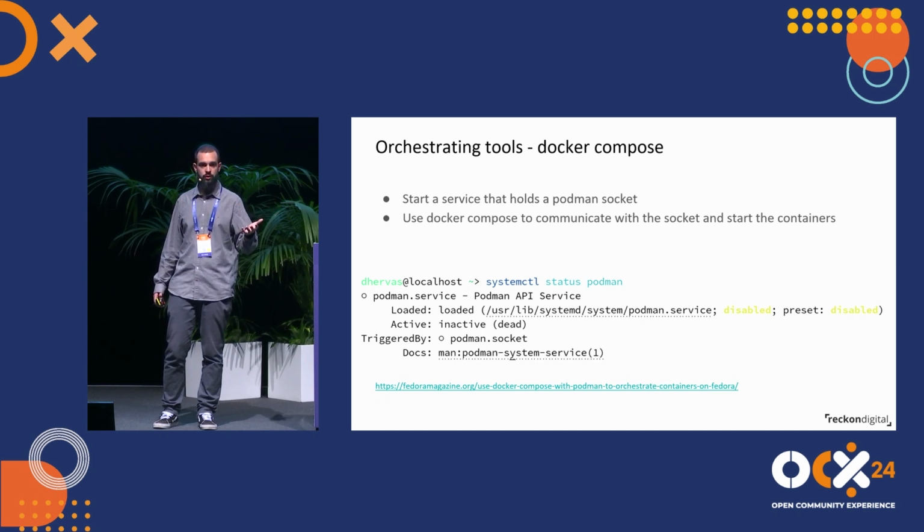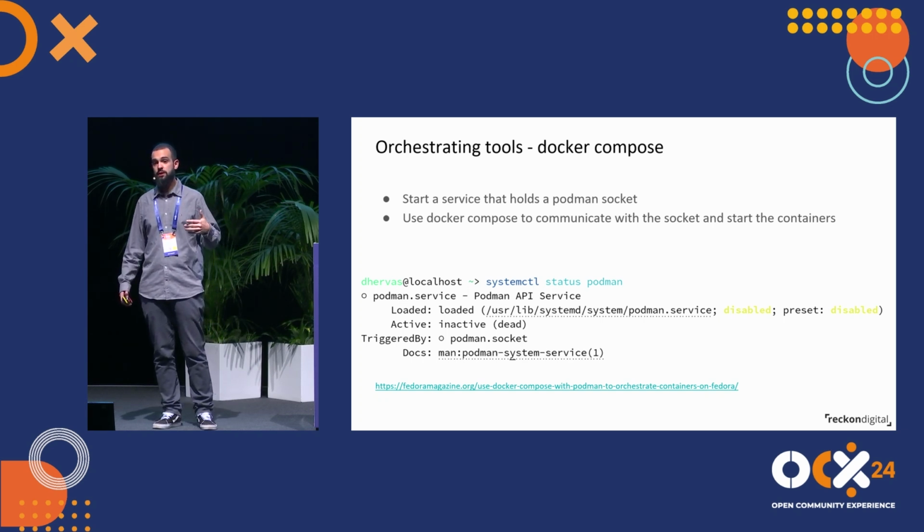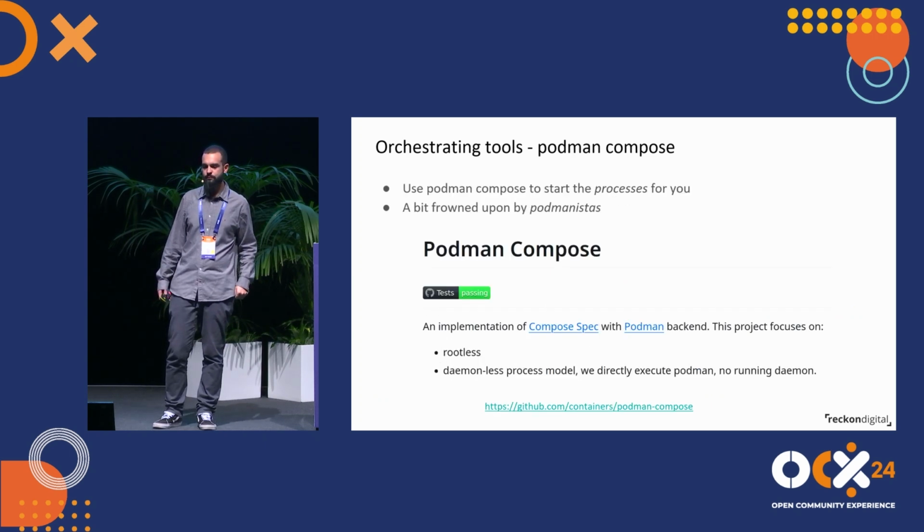You can also start, let's say, user service daemons, but then again, you're kind of stepping into muddy waters. So the point of all of this is that you can use Docker Compose to run containers with Podman, as long as you activate the service. However, this is kind of the worst alternative in the sense that you are forced to activate this daemon, and we kind of want to avoid that if we want to be clean.